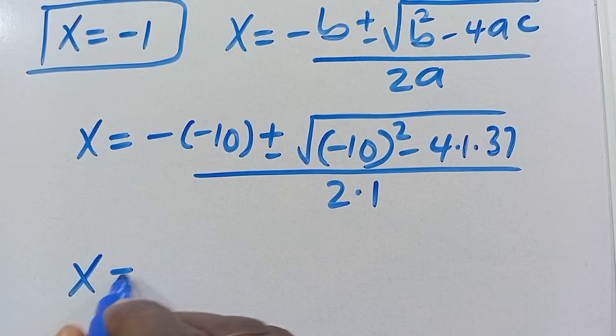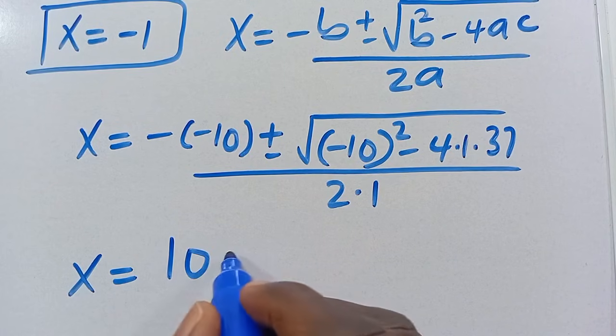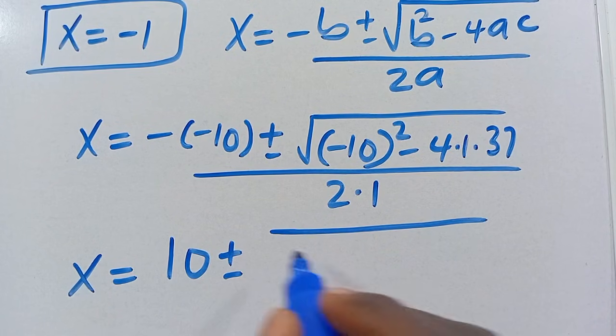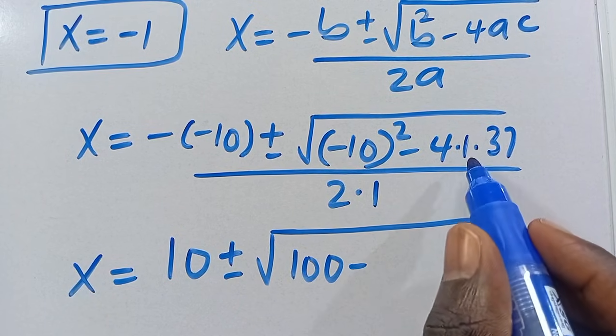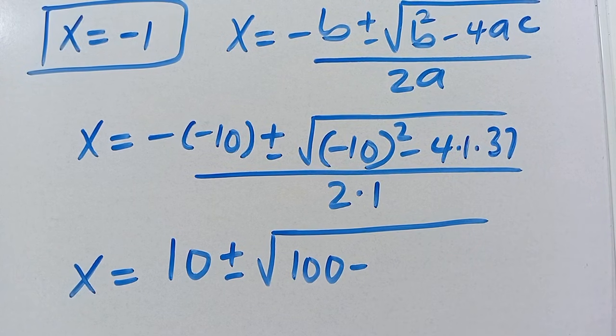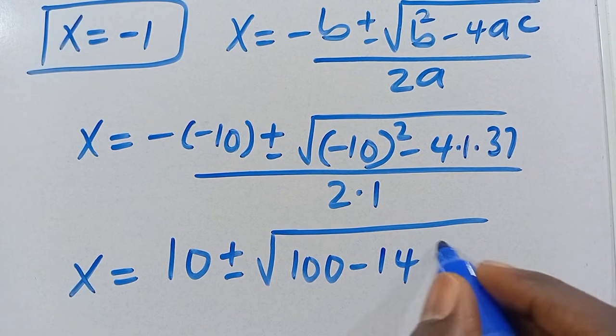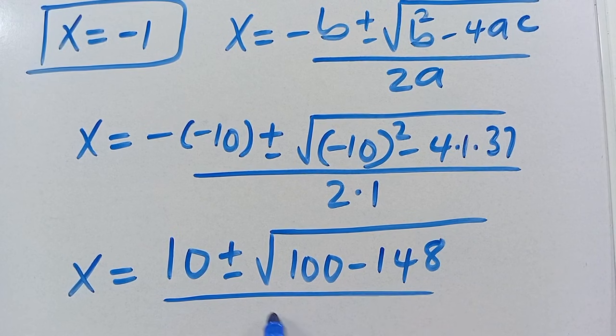So we have x equals 10, positive or negative, root of 100 minus 4 times 37, which will give us 148, then divided by 2.